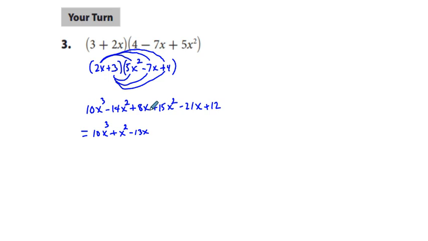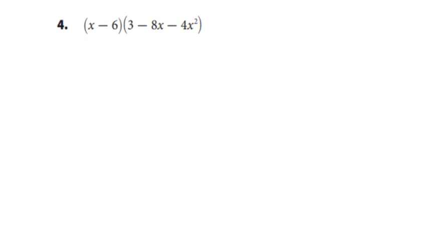Okay, 8 minus 21 is negative 13. And we have plus 12. So this will be our answer. I hope if you stopped the video, like I asked you to, and worked it out, you got the same thing. Next, your turn. So pause the video, work it out, see if you got it right.